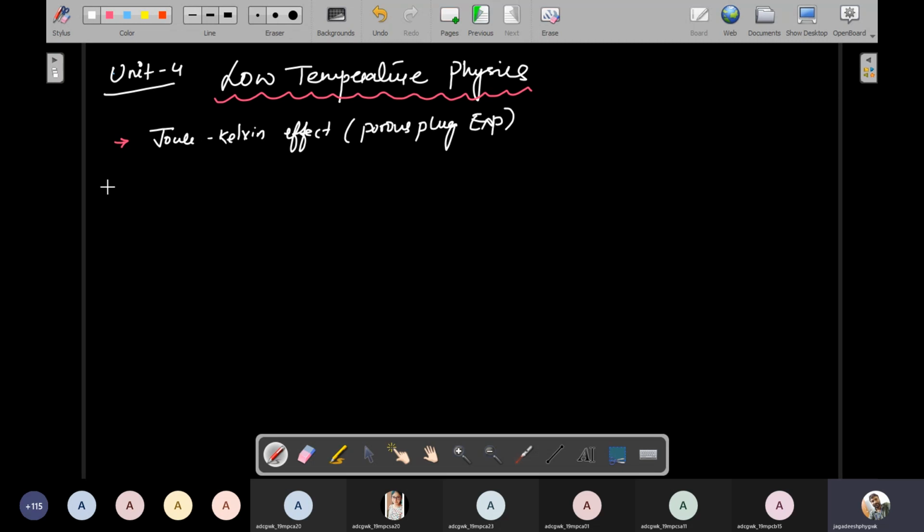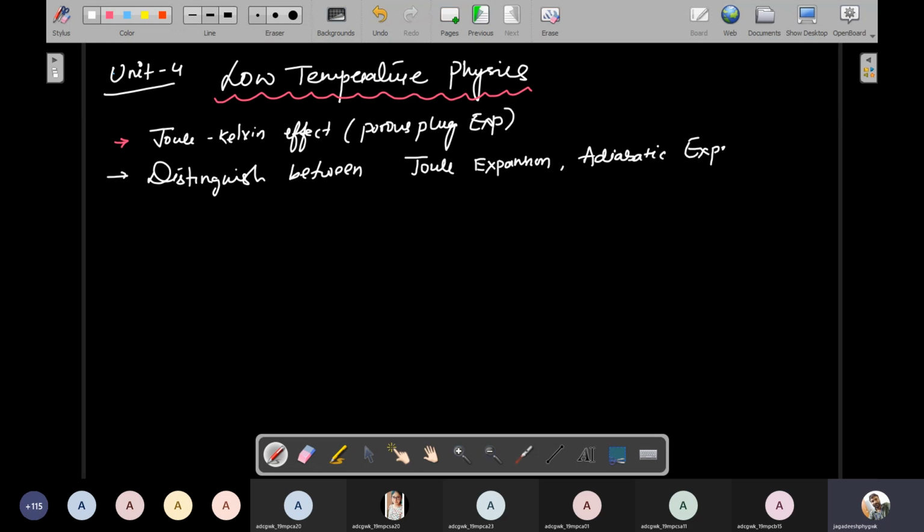Okay, so this is the first topic of Unit 4, and the second topic is to distinguish between Joule expansion and adiabatic expansion.